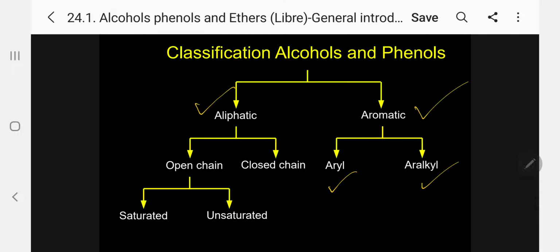Correspondingly, coming to aliphatic: open chain and closed chain. Open chain again is saturated or unsaturated. So correspondingly we say saturated alcohol and unsaturated alcohol. Closed chain again is alcohol; the aryl is phenol, the alkyl is benzyl alcohol.